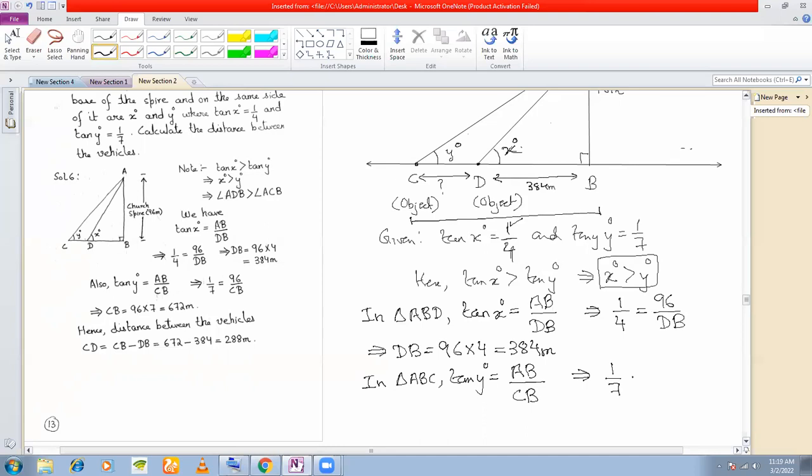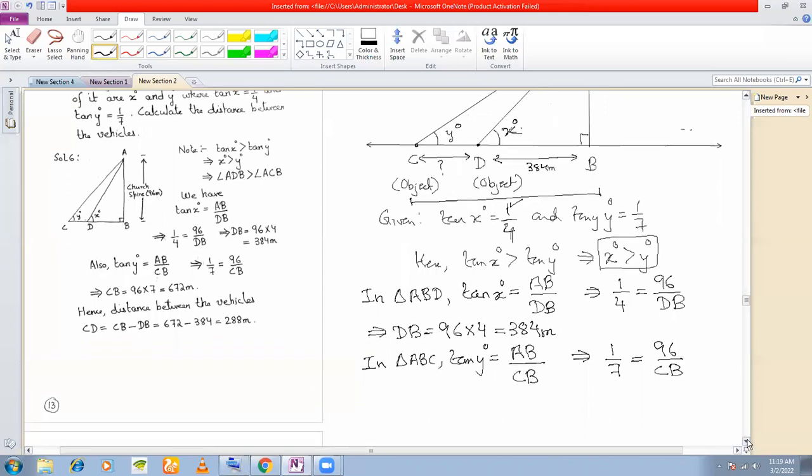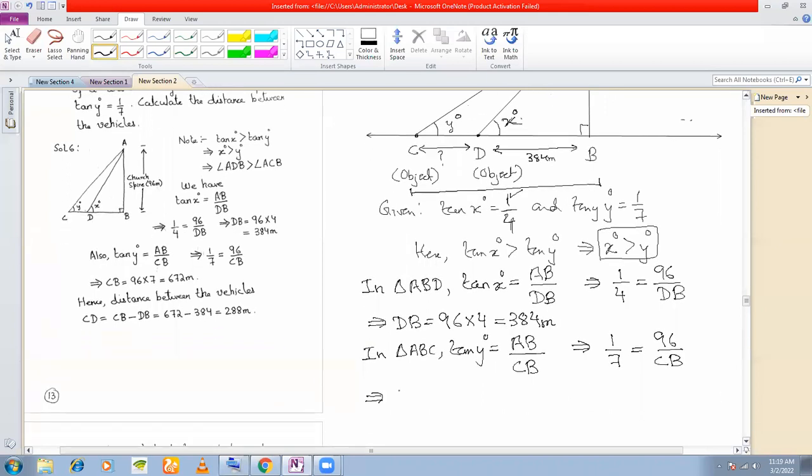So let's put 1/7 is equal to, the value of AB is 96 and we need to find out the value of CB. So here now if we cross multiply, we get CB is equal to 96 into 7. So you get 672 meters. So this entire length here, we have got 672 meters.